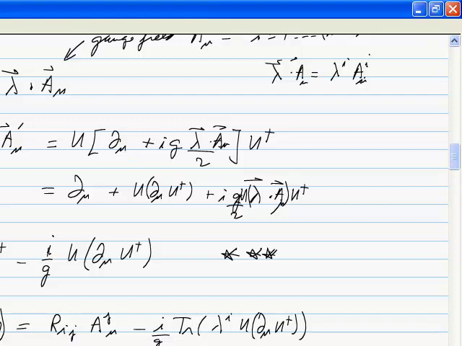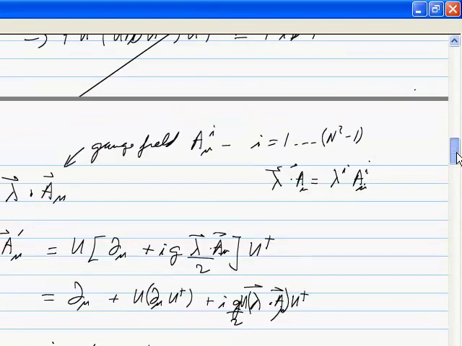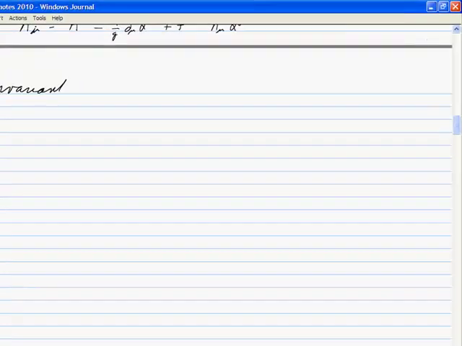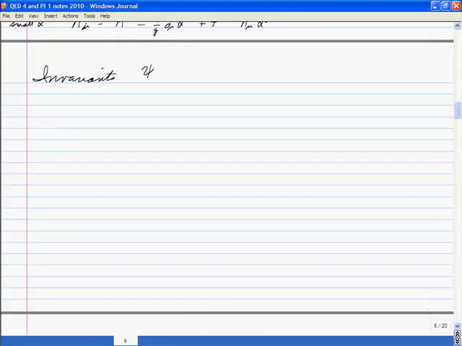You can do this one, which is explicit, or this one, which is the matrix representation. And so we've now made an invariant. In a sense, we now know how to construct at least the fermion piece of the Lagrangian. We've got psi bar I D slash psi, with that D being invariant.